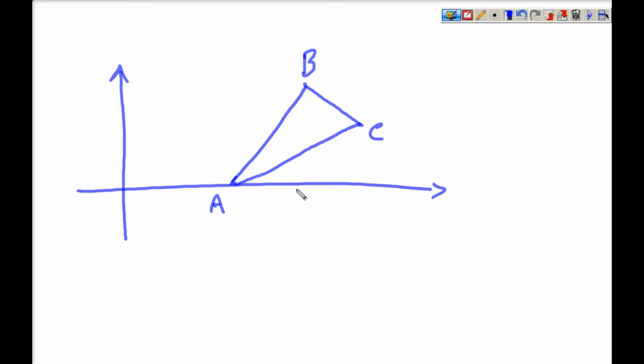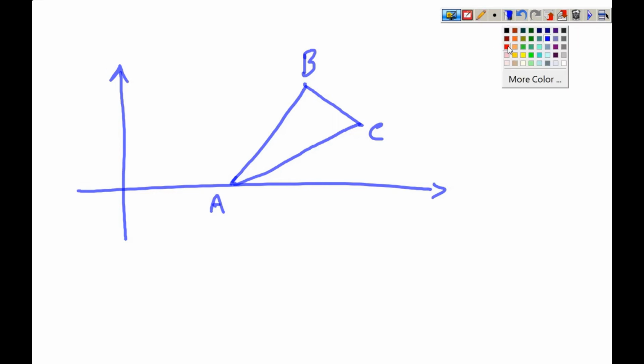We need to find the area enclosed by these lines. We can see the triangle here, and we need to find the area using integration. So what we can do first is draw some lines, to get to know the points where they meet the x-axis.